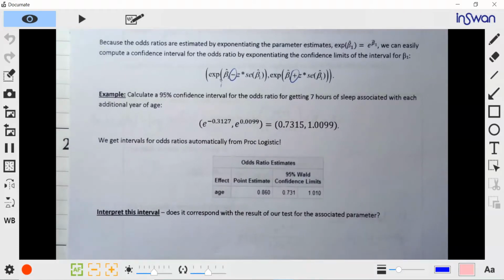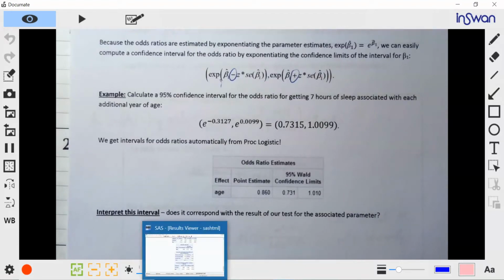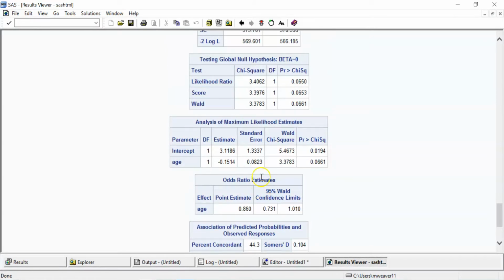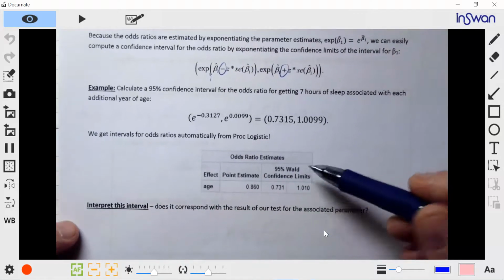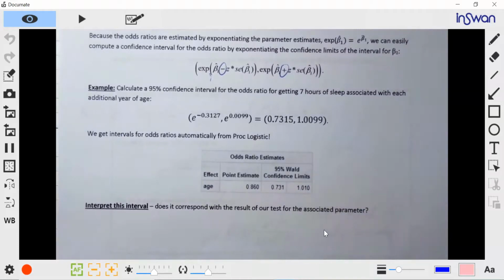And it turns out that PROC LOGISTIC gives us these odds ratios and confidence intervals for free. And here's the table of odds ratio estimates. There's age. The point estimate for the odds ratio is 0.86, and the confidence interval 0.731, 1.010 is essentially what we calculated up above.